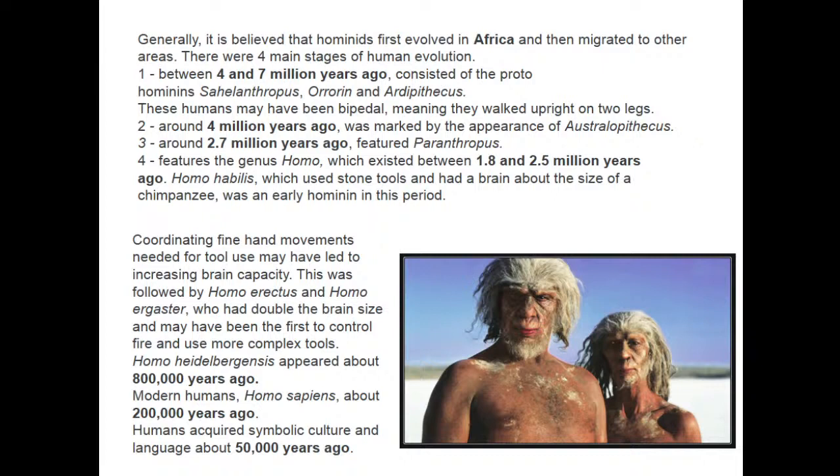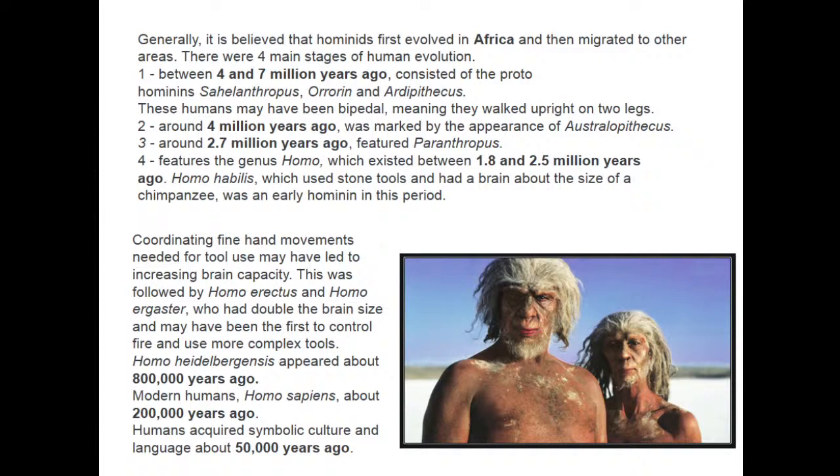The first was between 4 and 7 million years ago and consisted of proto-hominids. The second stage, around 4 million years ago, saw the appearance of Australopithecus.